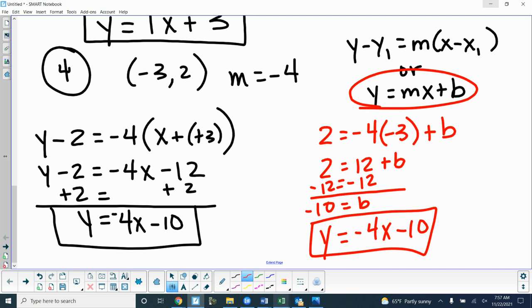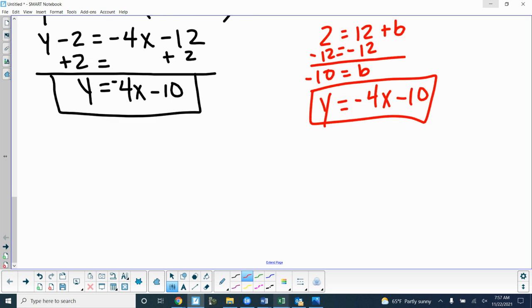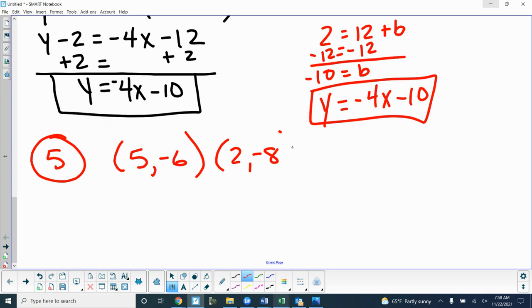Number 5, I give you 2 points, and you have to find the equation of the line. Actually, 3, 4, 5, and 6, we're finding equations of lines, aren't we? So the first step for 5 is to find your m, your slope. And then pick one of the points to figure out the equation.